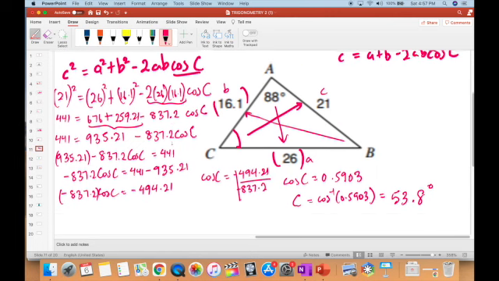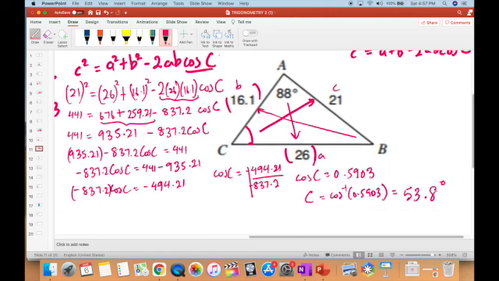Remember, this 837.2 is being multiplied by cos C. And that cos C is an unknown, isn't it? Yes. So what if I had 2 minus 3x? Isn't x an unknown?